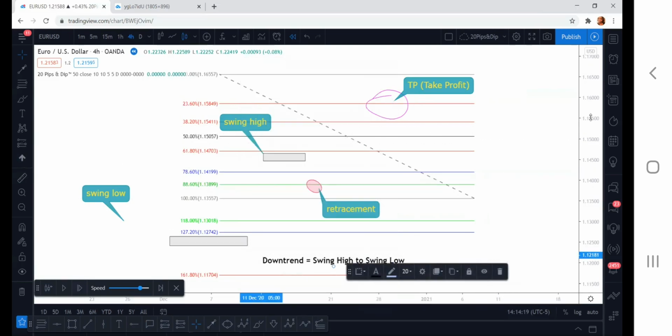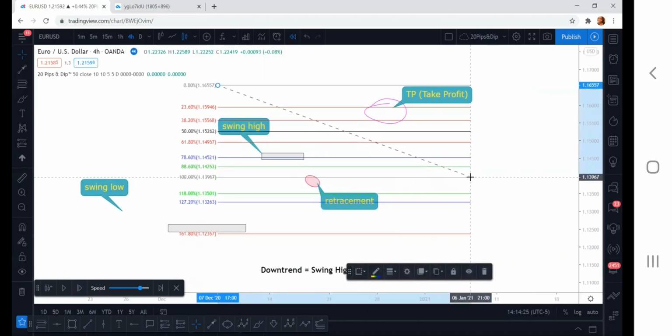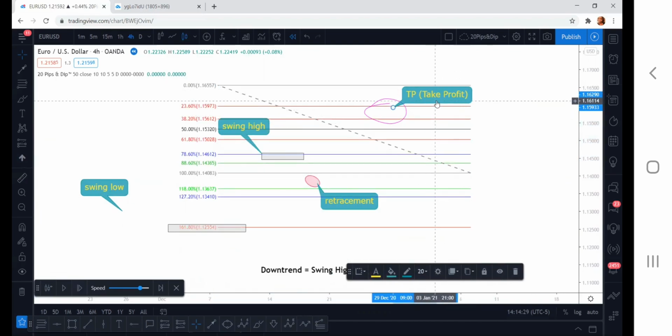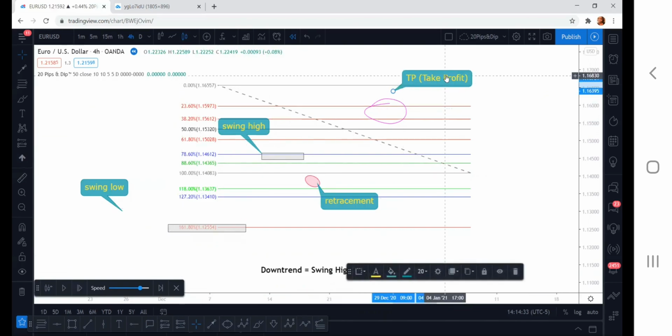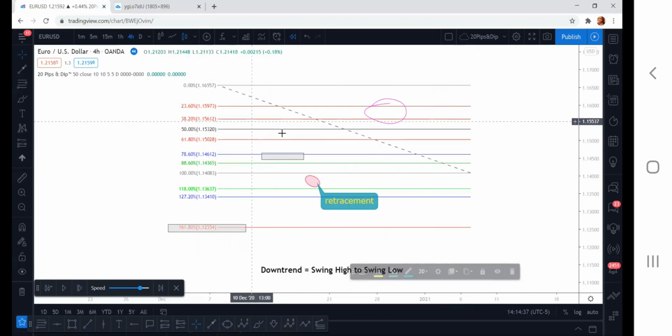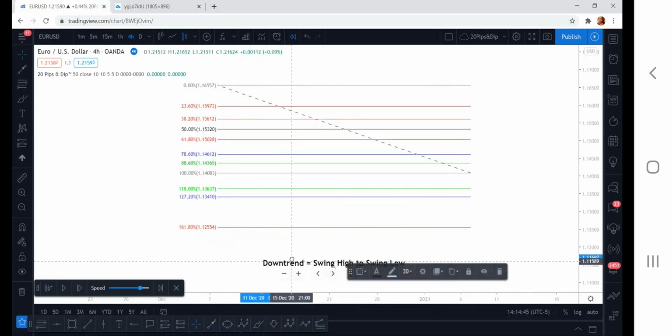In a downtrend, we're talking about swing high to swing low, and do this all over again. So this will be a downtrend.